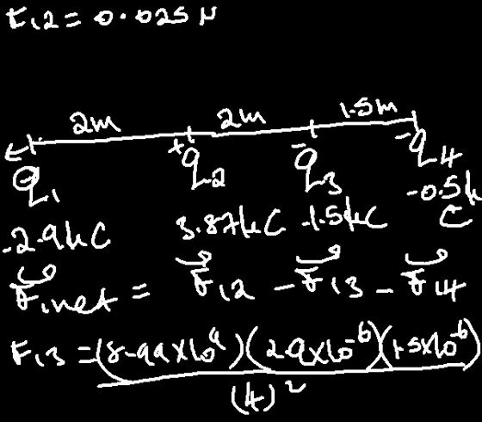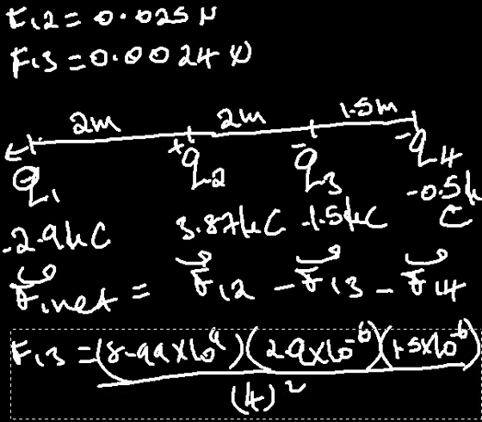What would be that? So now we have 0.002. That is the force F13. That is about 0.0024 newtons. Of course, you can have 0.02 newtons, can be that.